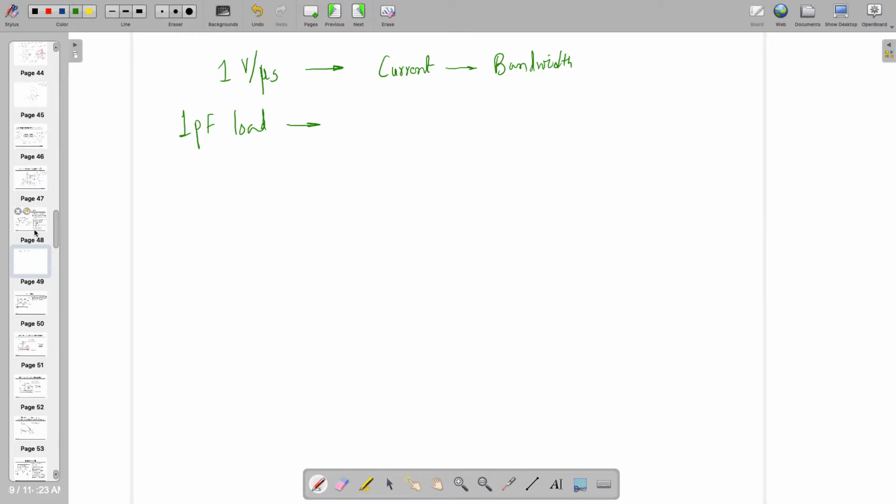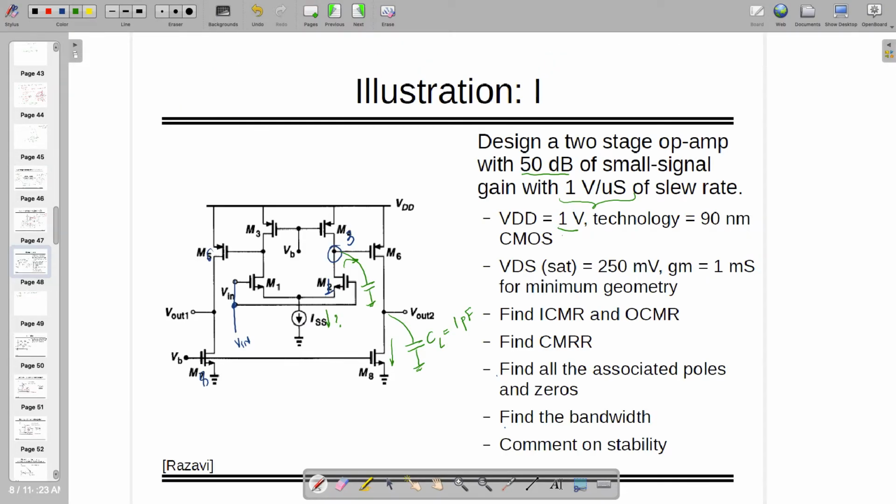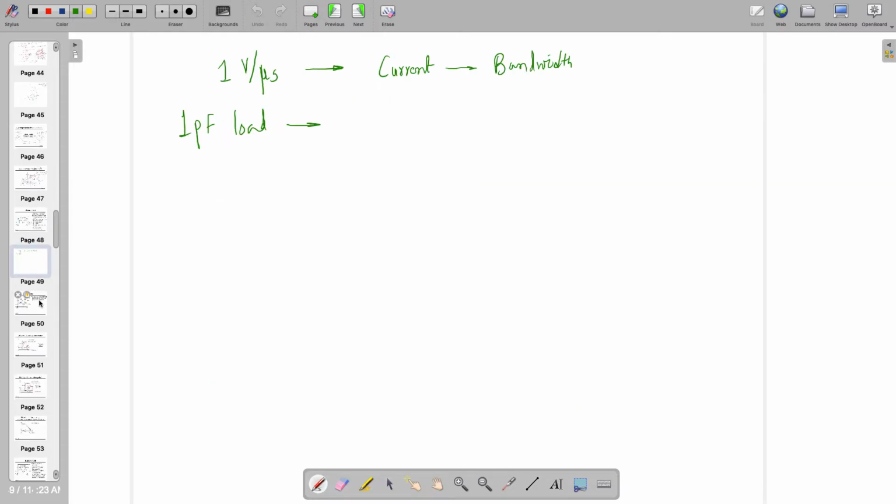By the way, supply voltage is 1 volt. VDD is 1 volt. What, 1 micro current you are saying? 1 microampere of current. Okay, you got 1 microampere of current. Okay. What about the bandwidth?